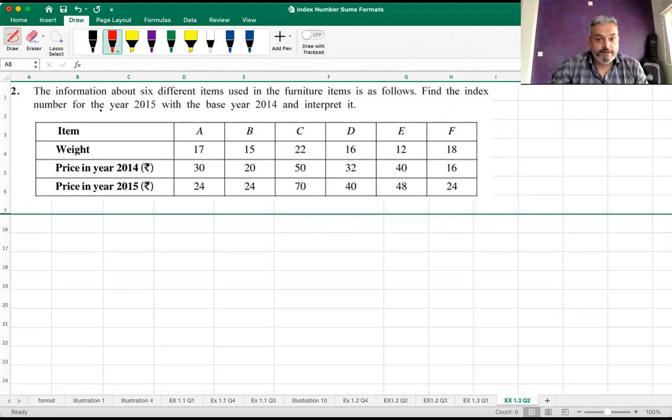Find the index number for the year 2015 with the base 2014 and interpret it. Weight is already given, so W is given. Price of 2014, which is our base year, and 2015, which is our current year, is given. So we have to use this to find I, which is index. So let's make the format.